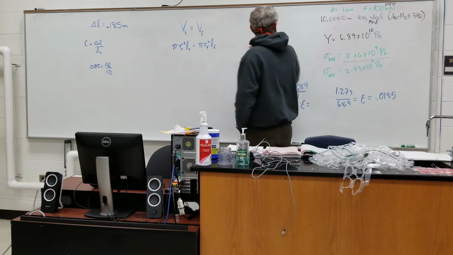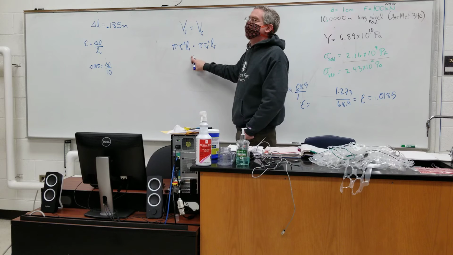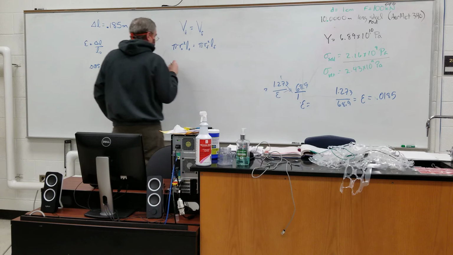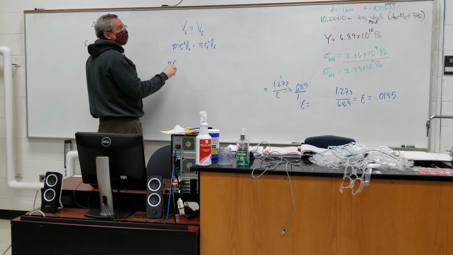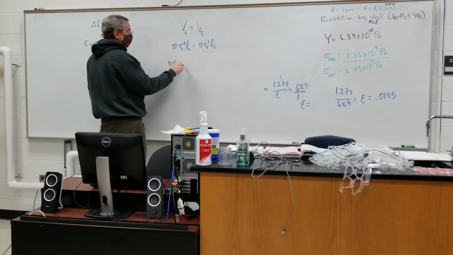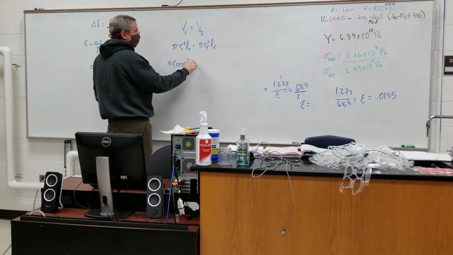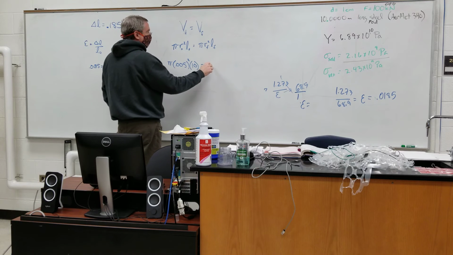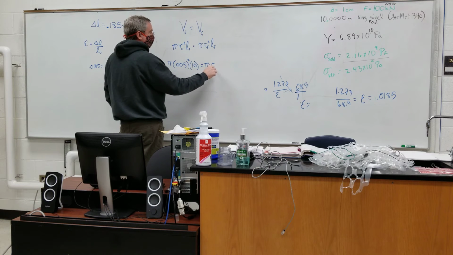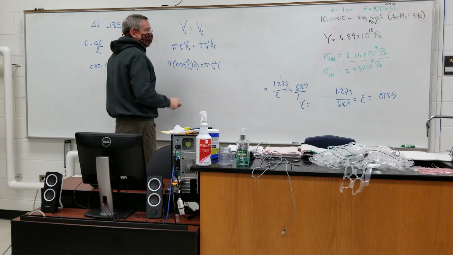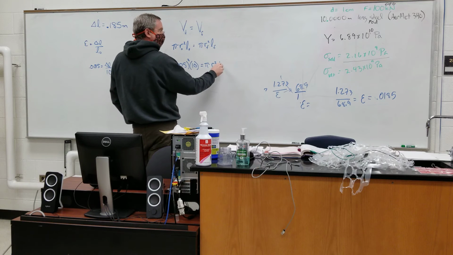Well, I know r sub naught because that's given in the problem, or it's close enough. L sub naught's given, so this is pi times 0.005 squared times 10 is equal to pi times my r final squared times my length, 10.185.